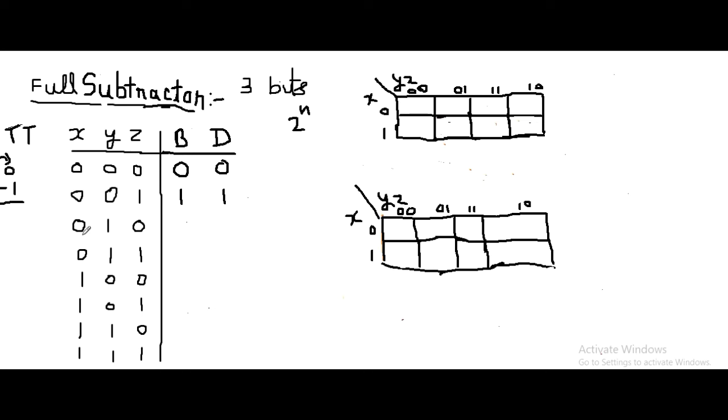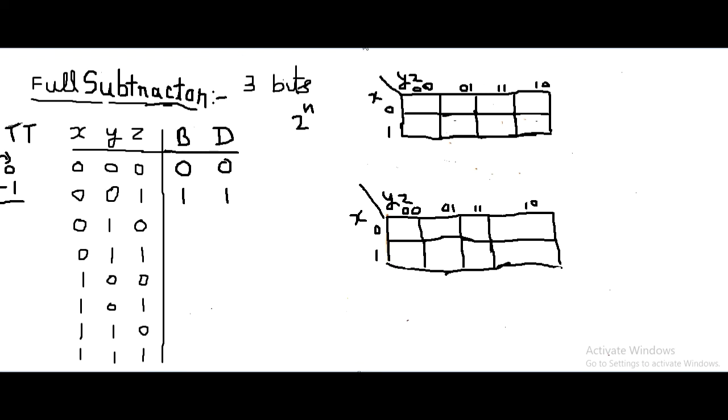Again, in the case when we have 0 1 0, x is 0 and y is 1, so 0 minus 1 means we again need to take a borrow, like in the above case. So we have 1 borrow, and 1 minus 0 is 1, so the difference is 1 and the borrow is 1.